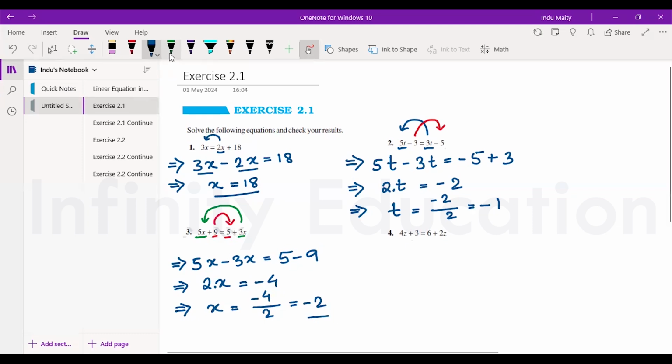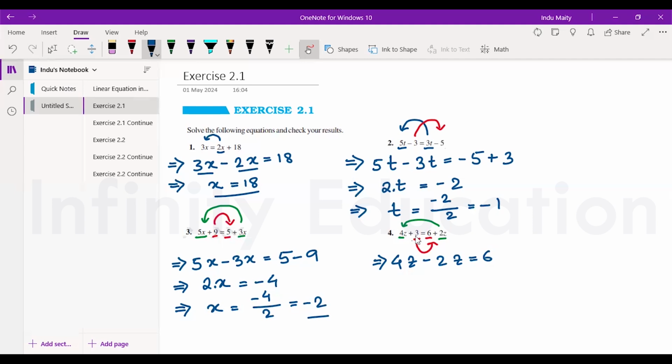Let's see the next one. In the next one, again, we can see 4z, 2z. So this 2z will come to this side, and we can see positive 3 and positive 6. This 3 will go to the right side. So 4z as it is. Then if we take this positive 2z from the right side to the left side, it will be negative 2z, is equal to 6.